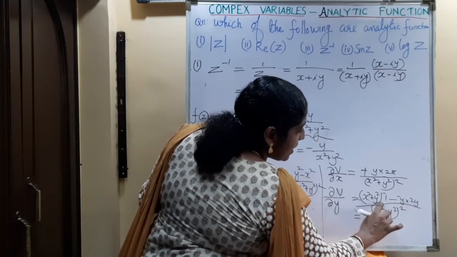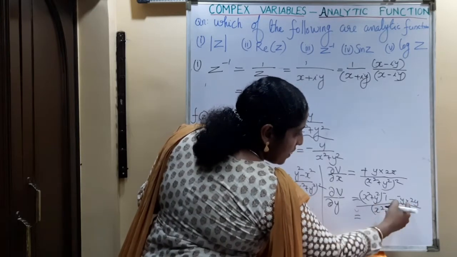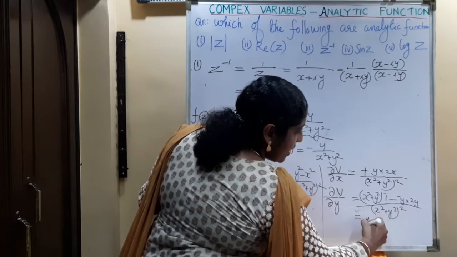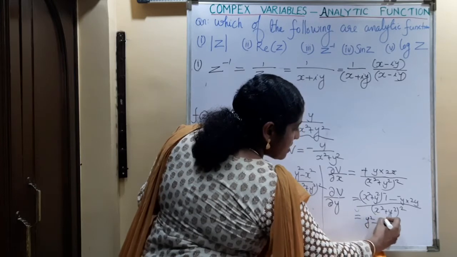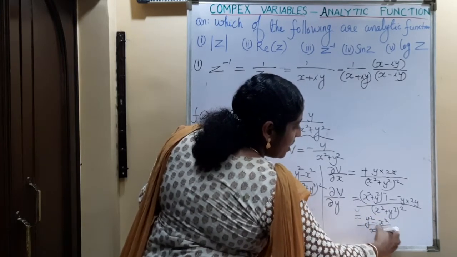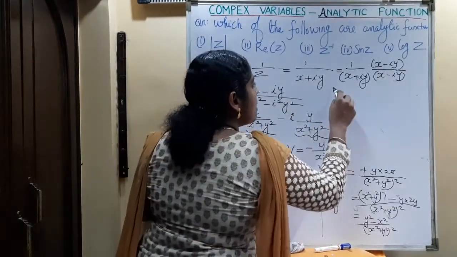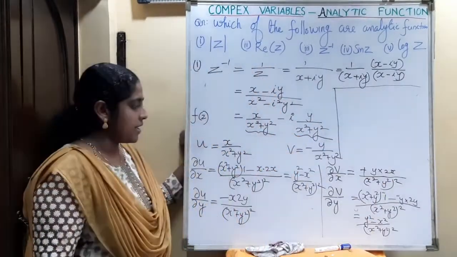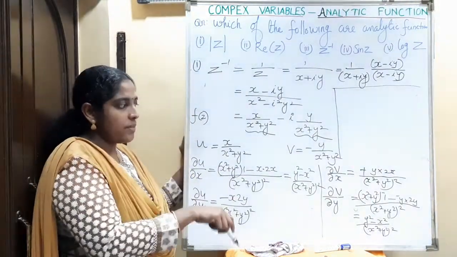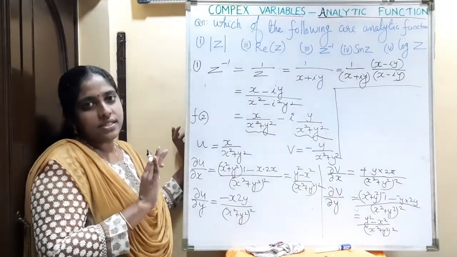Minus X square minus Y square plus 2 Y square, that is 2Y square minus Y square is Y square minus X square divided by X square plus Y square all square. So now what we have to check, all these derivatives exist, that is dou U by dou X, dou U by dou Y, dou V by dou X, dou V by dou Y exist. So the first condition is satisfied.